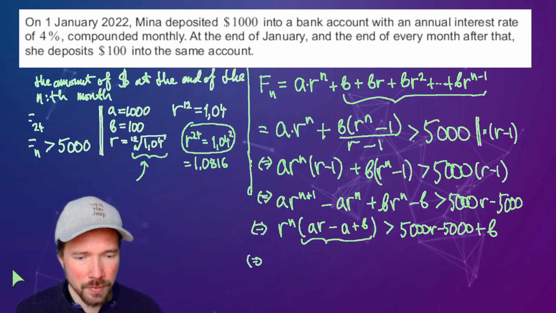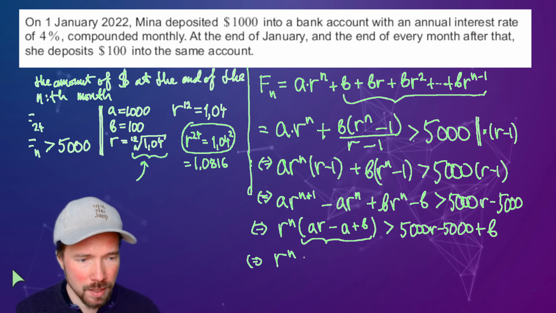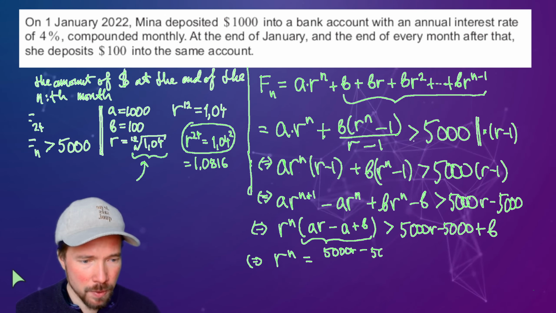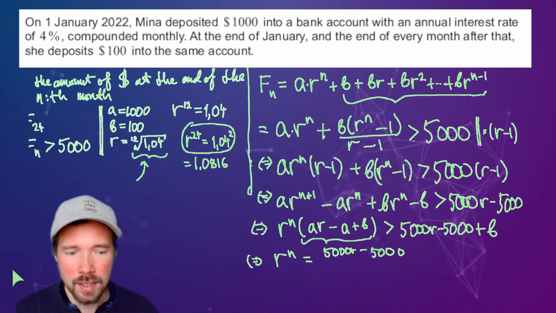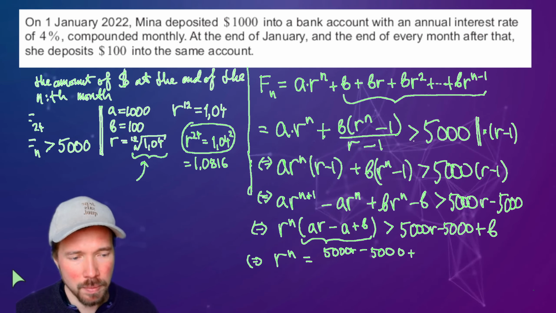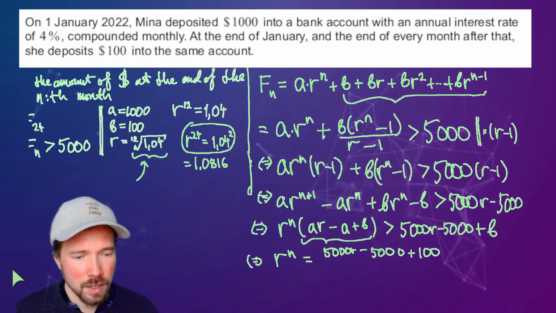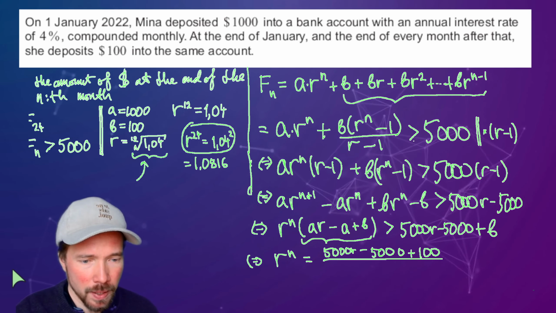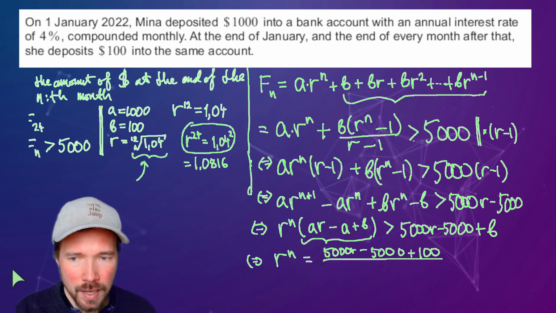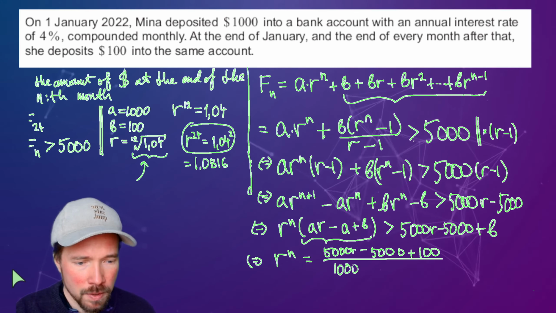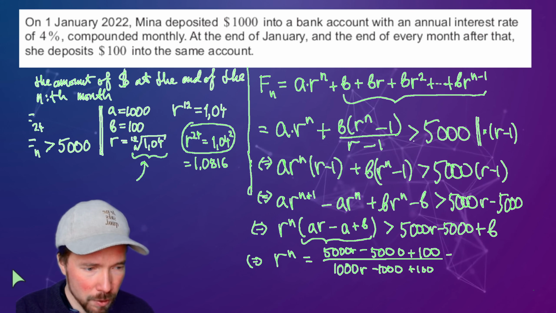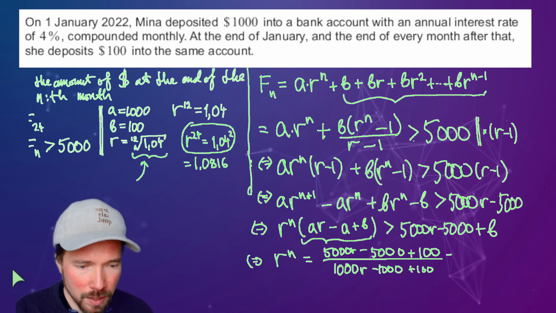Then we have that r to the power n is (5,000 r minus 5,000 plus b, and b is 100, so let's just write it) divided by, and let's put in a is 1,000, times r minus 1,000 plus 100. Now this we should calculate with a calculator, but not yet. Let's first take the logarithm.